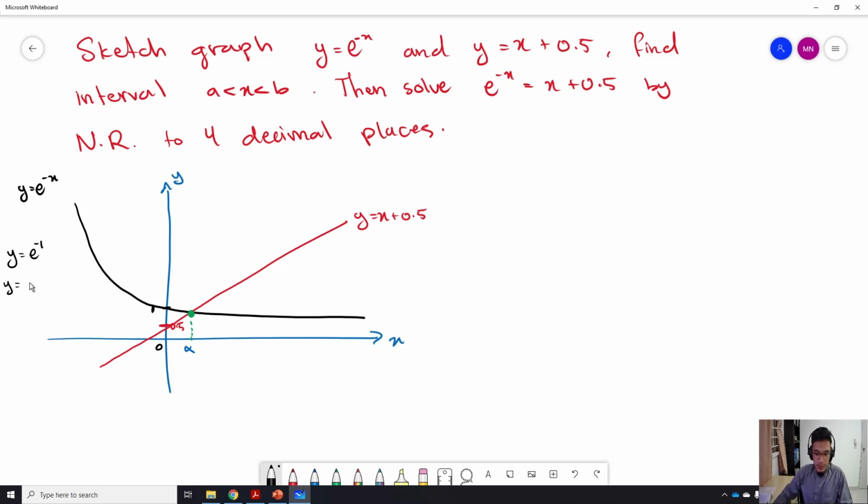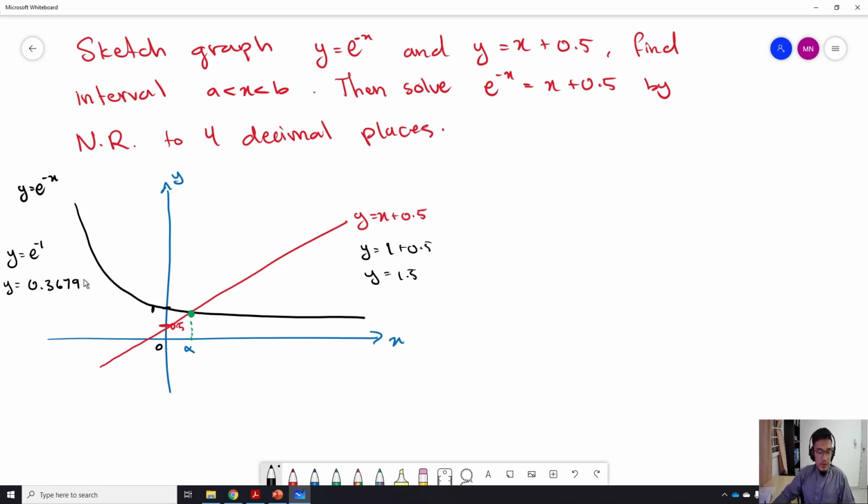y equal to 0.3679. And for here we substitute x equal to 1, so y equal to 1 plus 0.5, then we have y equal to 1.5.